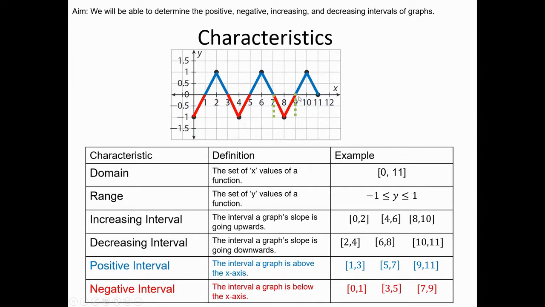Now, that's just slowly going over these. I don't think it's actually too hard to just look at these graphs and notice when it is above the x-axis, when it is below the x-axis. I want you guys to start thinking of these less as numbers and more as pictures, okay? You do define them with numbers, but when you're just looking for places that count as positive or negative intervals, you're just looking at whether it's above or below the x-axis, and so on and so forth.